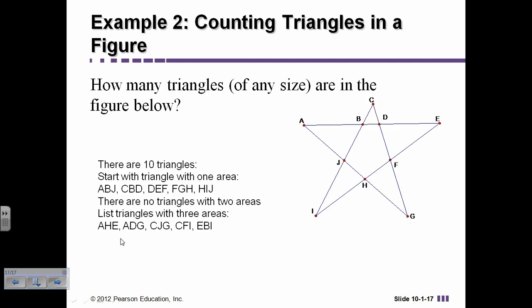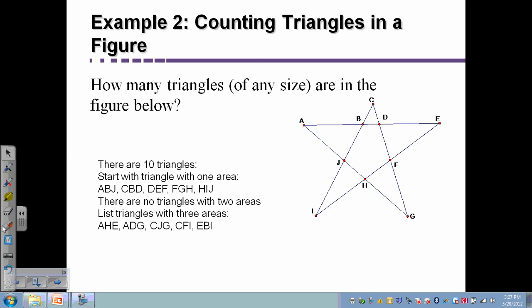So here's another example. How many triangles are there in this figure? So we can look at the points of the star as being some triangles. So ABJ, CDB, DEF, FGH, HIJ are the obvious triangles. And then we look at the triangles that have two regions, and there are none.